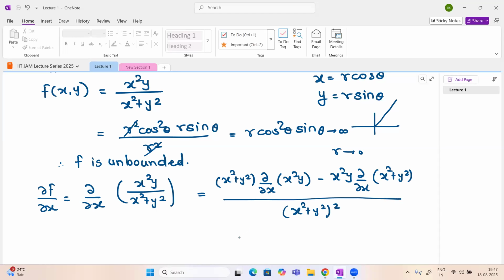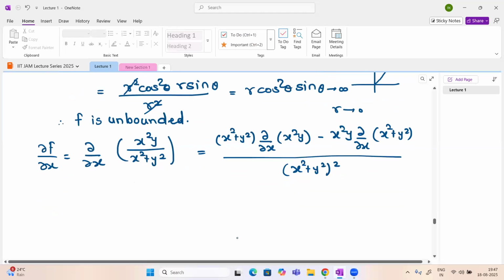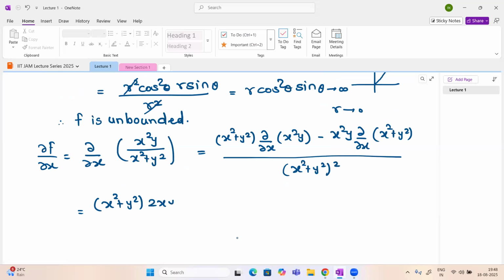Okay, so let us simplify it further. Sifana, please help me. x square plus y square into 2xy, very good, minus x square y into 2x, very good, divided by x square plus y square whole square.